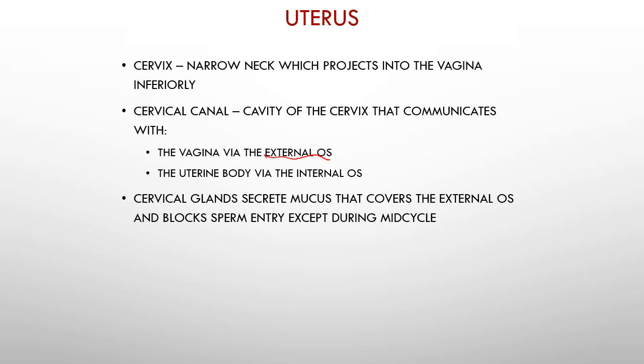And so the external os and kind of the little bit of the cervix projecting down into the vagina, the neck there, is the structure that we would actually see. That external os, and so if this is the cervix going up, we have the external os here, we have the internal os here, and then in between the two is the cervical canal.